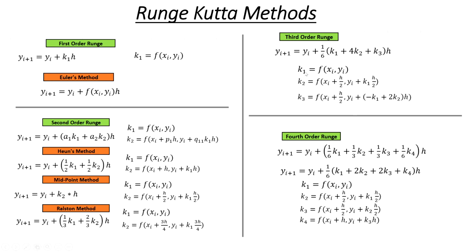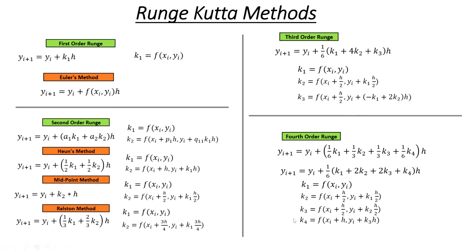Again, the third uses k1, k2, and k3, so you can predict what the fourth is going to be: k1, k2, k3, and k4. Now, k1 is the derivative again at the start of the interval. k2 is the derivative at the midpoint of the interval, where we're using k1 to get the y here. And k3 is another approximation of the derivative at the midpoint, but in this case we're using k2 instead of k1.